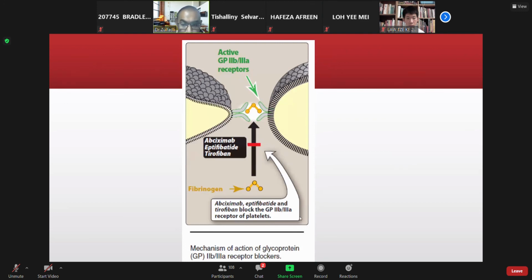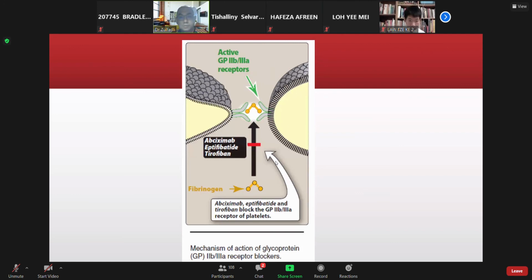This diagram shows you the mechanism of action of abciximab, eptifibatide, and tirofiban. These drugs block the link of glycoprotein 2B and 3A.